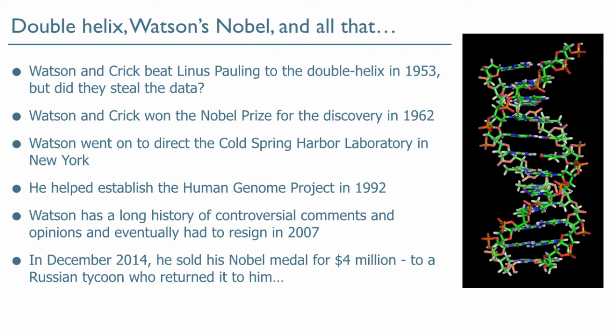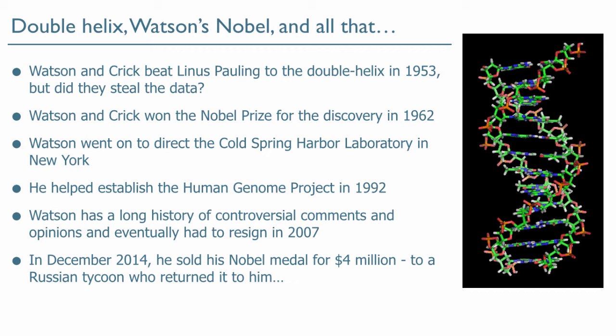I couldn't believe this when it happened just over a month ago. It turned out that the buyer was a Russian tycoon who felt sorry for Watson, because what Watson said he wanted the money for was not himself, but to support the laboratory. So he bought the medal, gave the money to Cold Spring Harbor, and returned the medal to Watson.